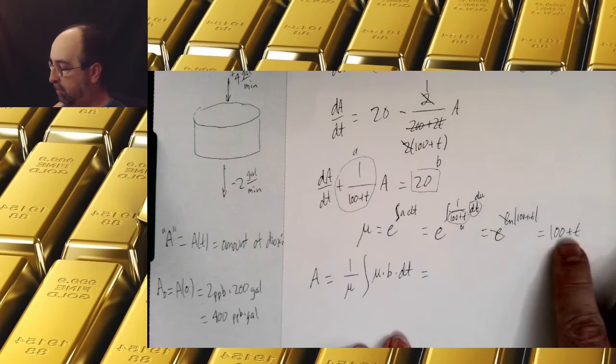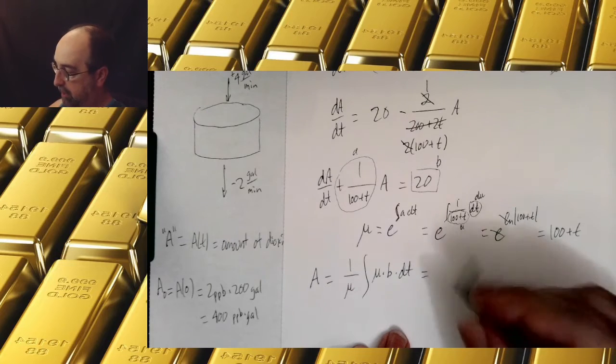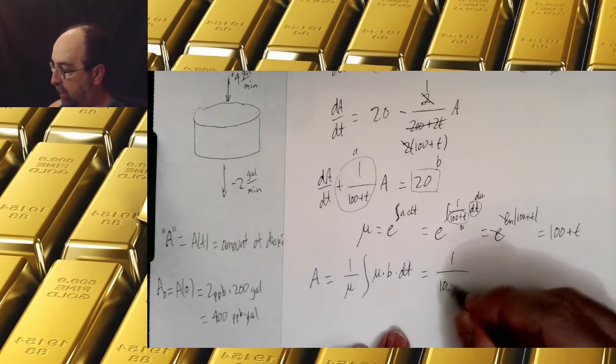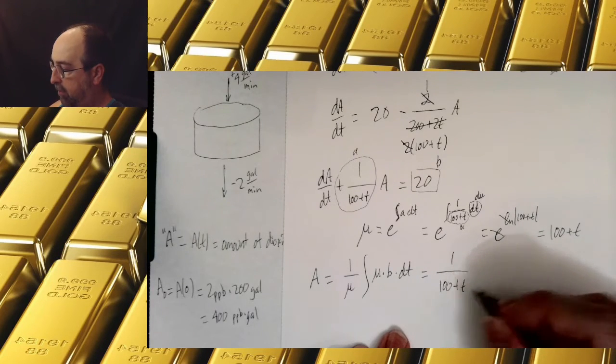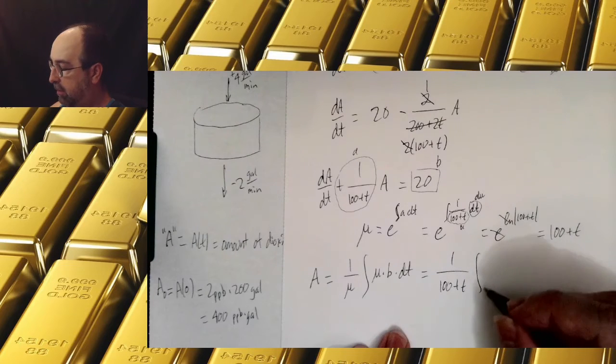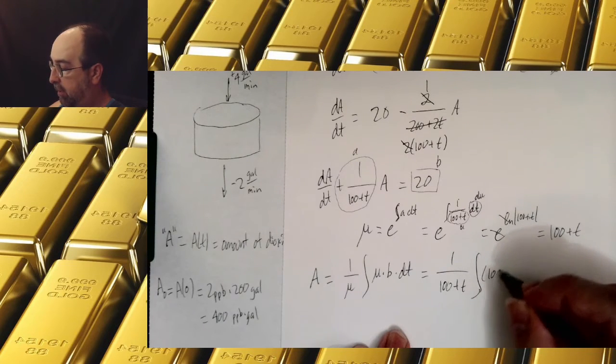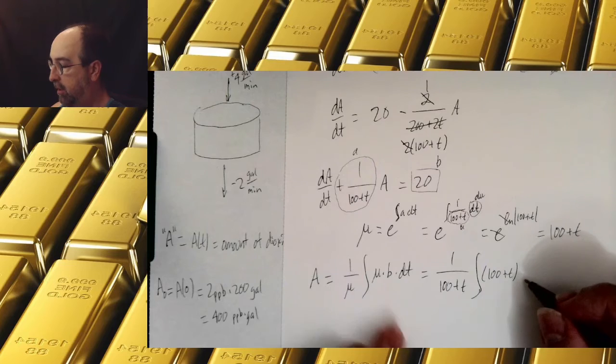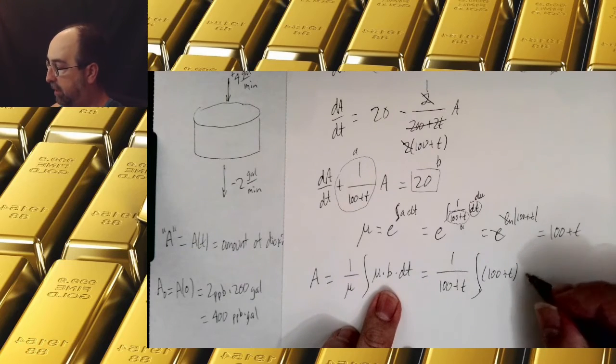Therefore, the mu is 100 plus t. We will have 1 over 100 plus t times the integral of 100 plus t times b, which was 20, times dt.